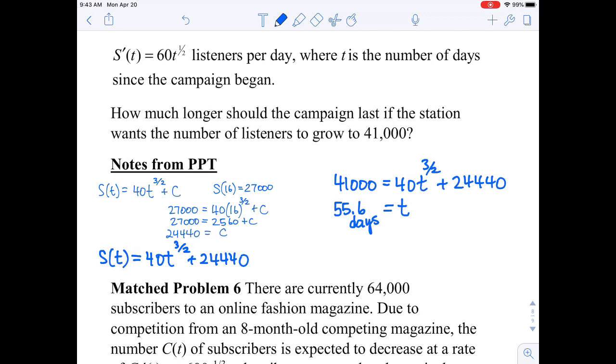You subtract 24,440, divide by 40, and then raise it to the 2/3 power. But it wants to know how much longer. So we've already gone 16 days. So you need to take 56 minus 16, and it should take 40 more days.